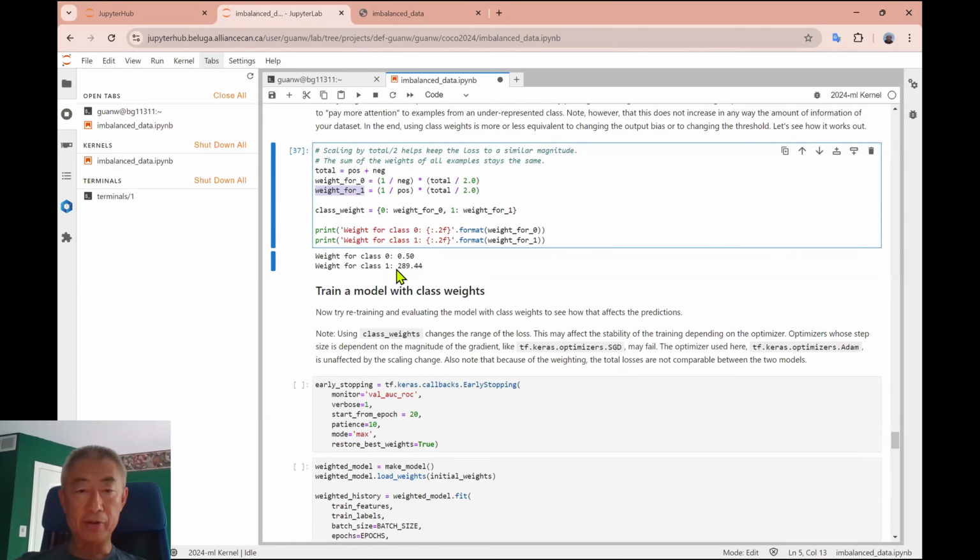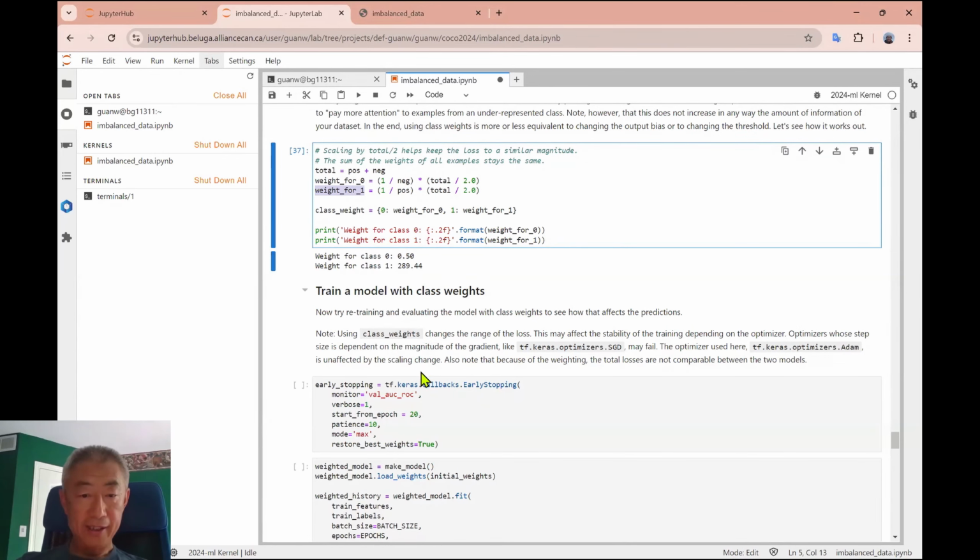For each positive sample, the weight is 289. So it's a lot bigger than the negative sample. But consider that there are only a few positive samples in a batch. So this will balance the contribution from both classes.